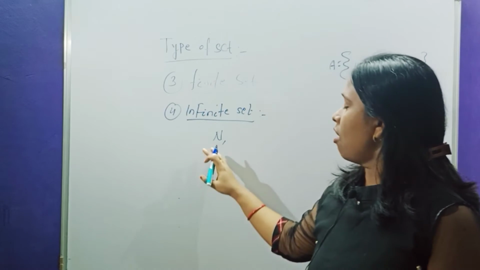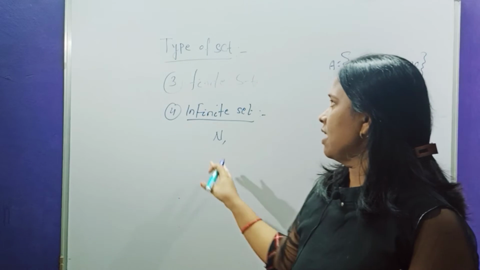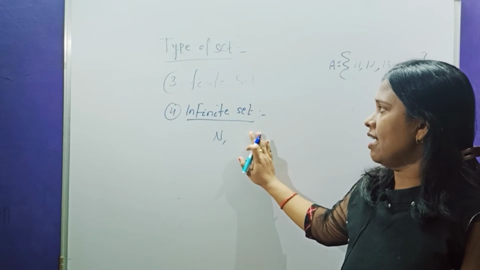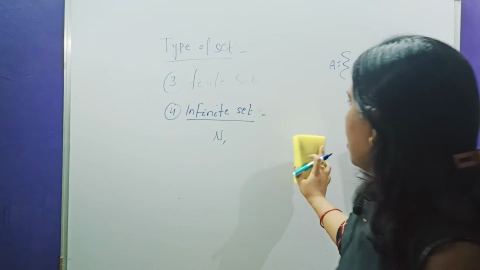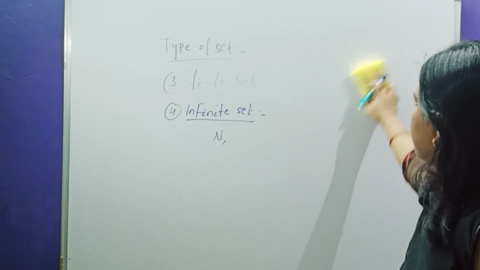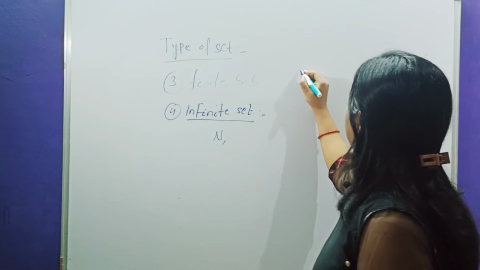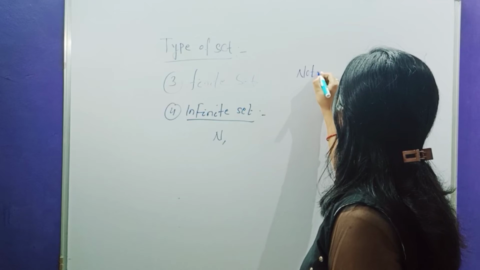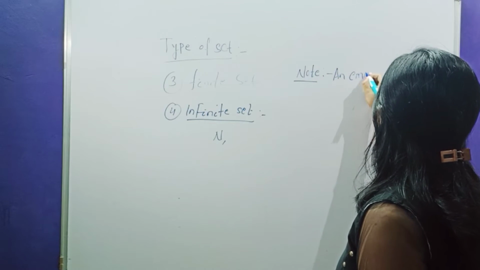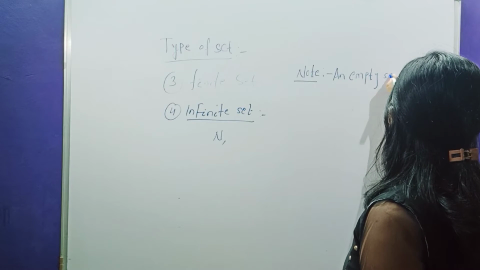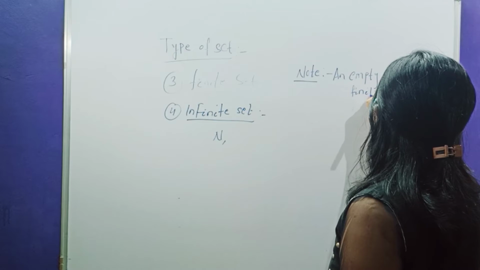Friends, are you all clear? We discussed the null set, singleton set, finite set and infinite set. You can write down one note: an empty set is a finite set.